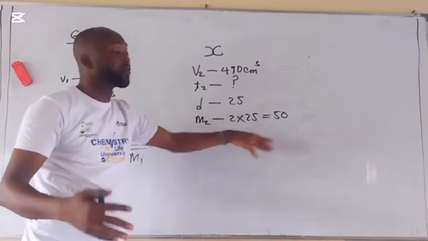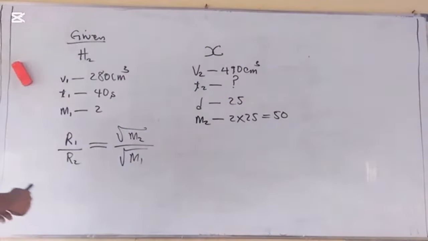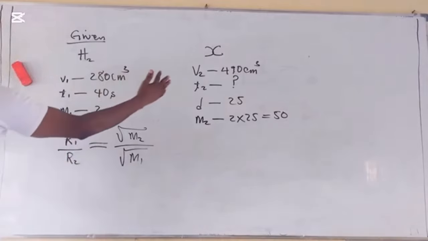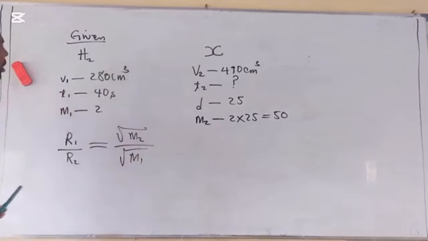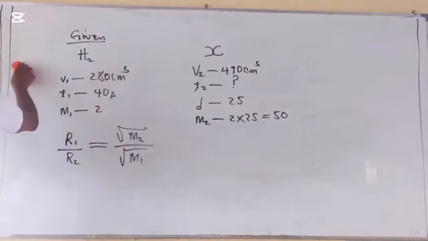Therefore, 2 times the 25 which has been given to me will give me 50. So if this is the case, let me put those variables here.